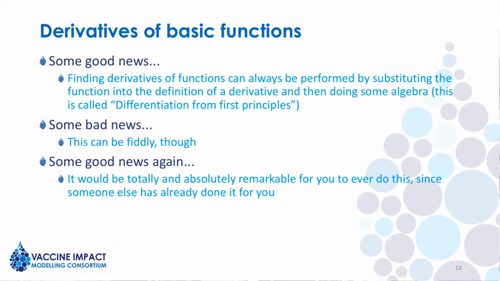You don't have to. It can get quite awkward. And again, some previous mathematicians have done a bunch of work on this, which you can leverage for your own analyses. So chances are you're never going to be differentiating from first principles, but it's good to understand where it comes from.